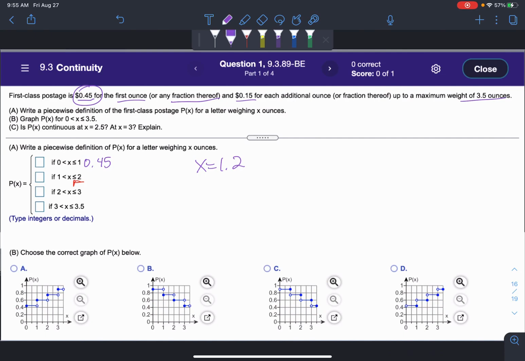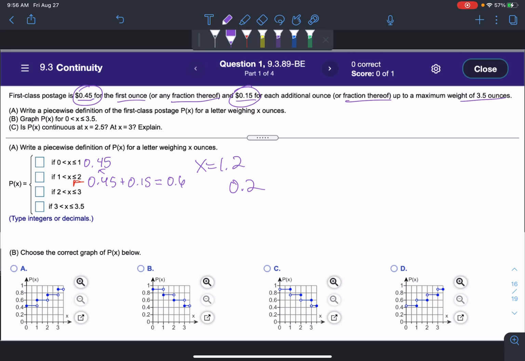So what will happen is that I need to pay 0.45 for our first ounce, but then I need to pay 15 additional cents for the 0.2, which is my fraction, my additional. So I'm going to add 15 cents to this. And so this one will be 0.6.